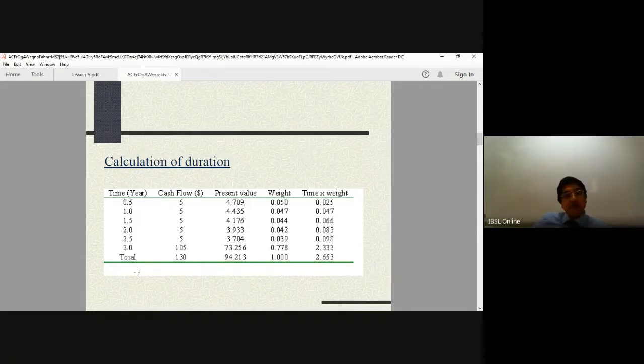Now, if it is purchased on a coupon date only, you can calculate the price without that much of an issue. But if you purchase it within the coupon period, then there will be some accrued interest to be taken into consideration, and the calculation method is also different. So that also we discussed. Those are things we discussed earlier.